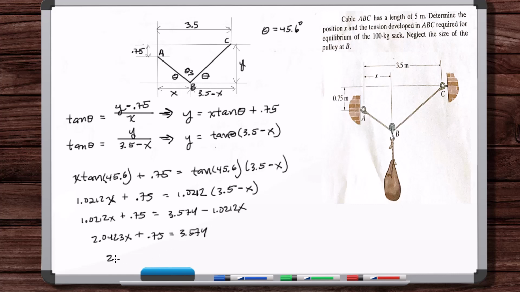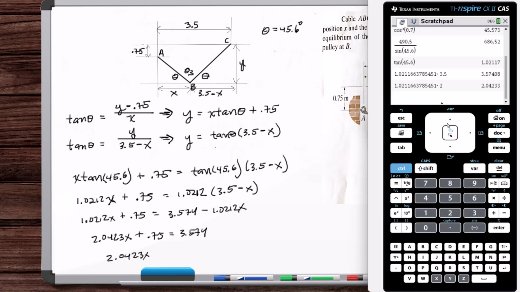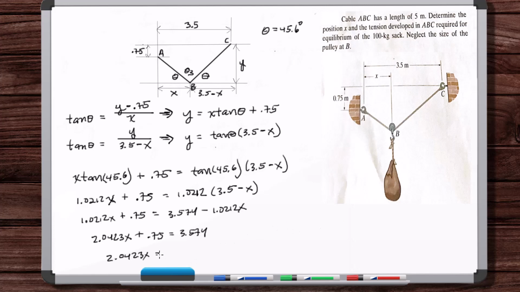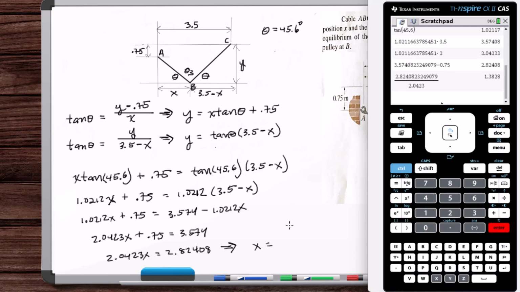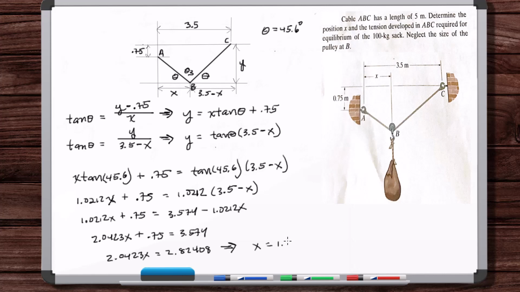Okay, so 3.574 minus 0.75 is 2.82408. Okay, so x is equal to 1.38 meters. Okay, and that is your x.